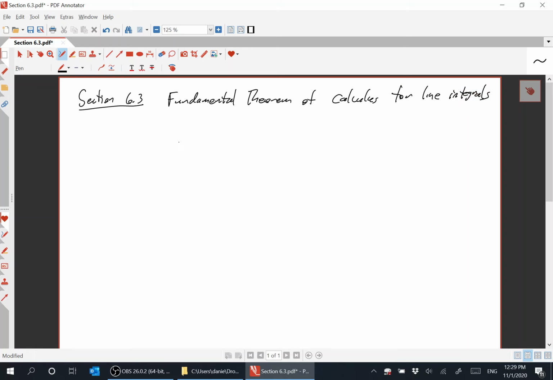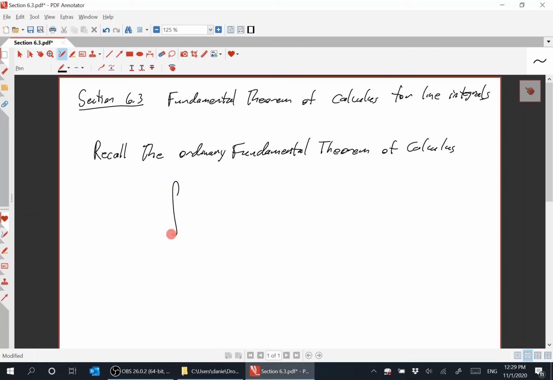So recall the ordinary Fundamental Theorem of Calculus, which is the integral from a to b of f prime of x dx is equal to f of b minus f of a.